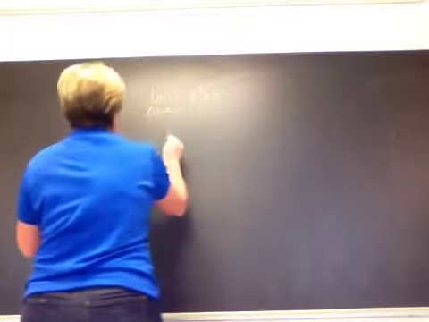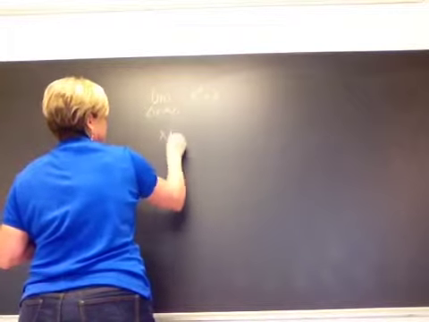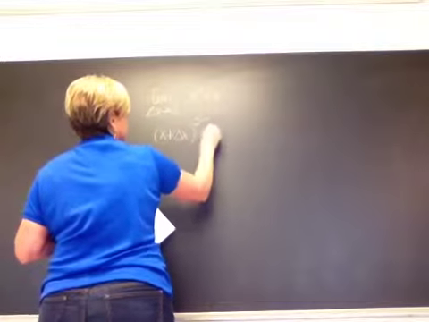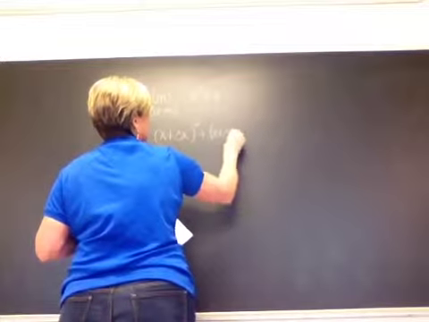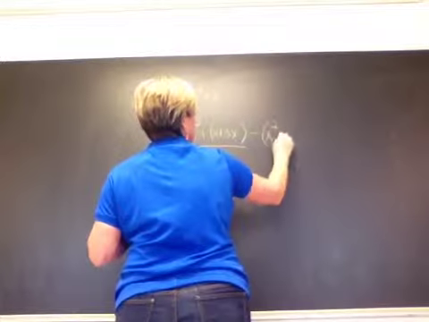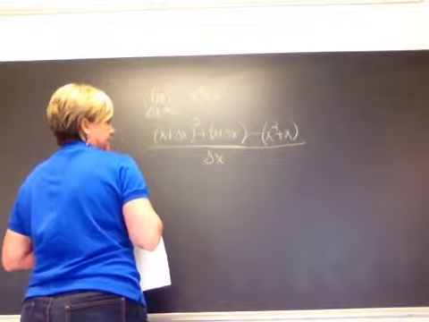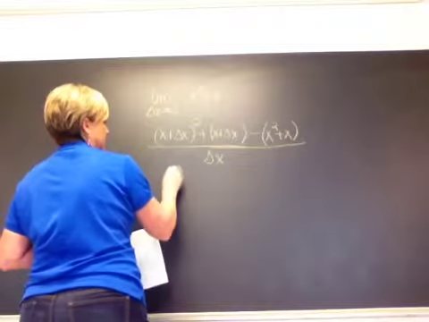So anyway, you've got f of x plus delta x, minus f of x, all over delta x.